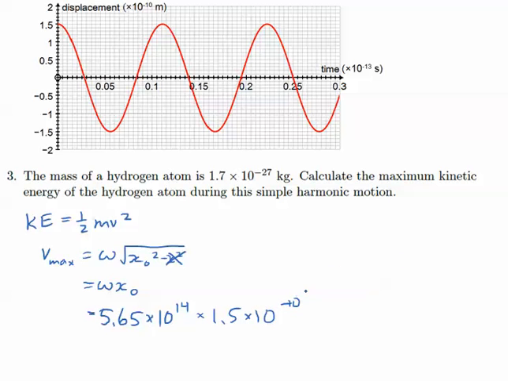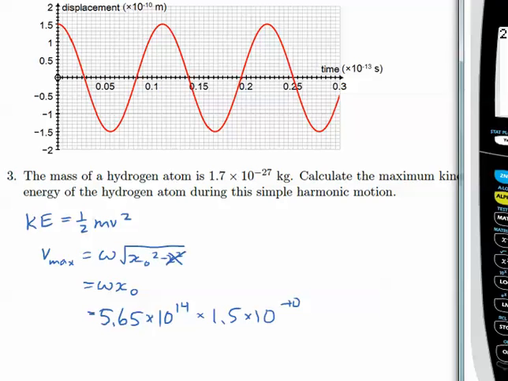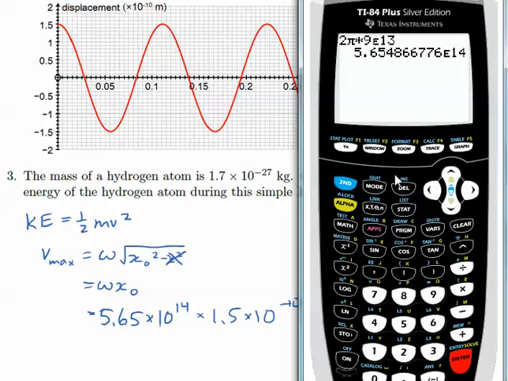Okay, and we'll bring a calculator out, and I still have my value for the angular frequency on here, so we can multiply that by the amplitude, which is 1.5 times 10 to the negative 10. Okay, and it gives us this number. So this is going to be the maximum velocity.